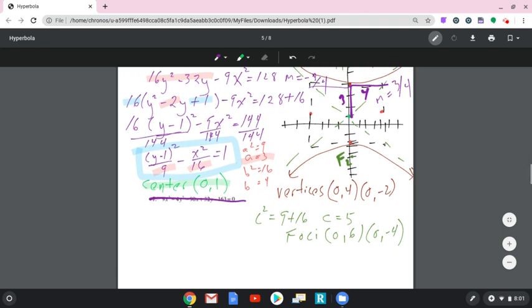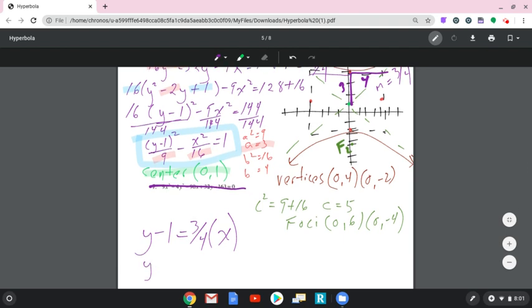So when I write that, you have the center: y minus the y value of the center, which is 1, equals 3/4 times x minus the x value of my center, which is 0, so it's just x. The second asymptote is y minus 1 equals the opposite slope, negative 3/4 x. That's the only way they differ. And those are the equations of my two asymptotes.